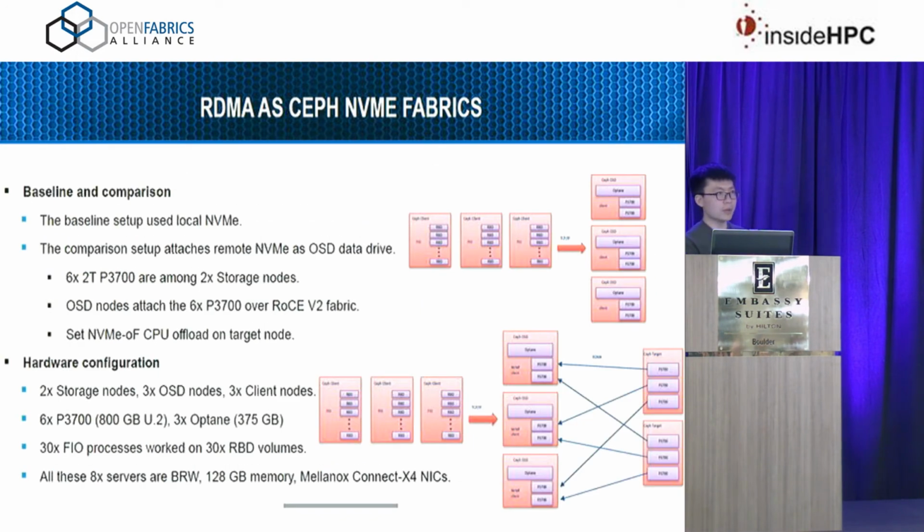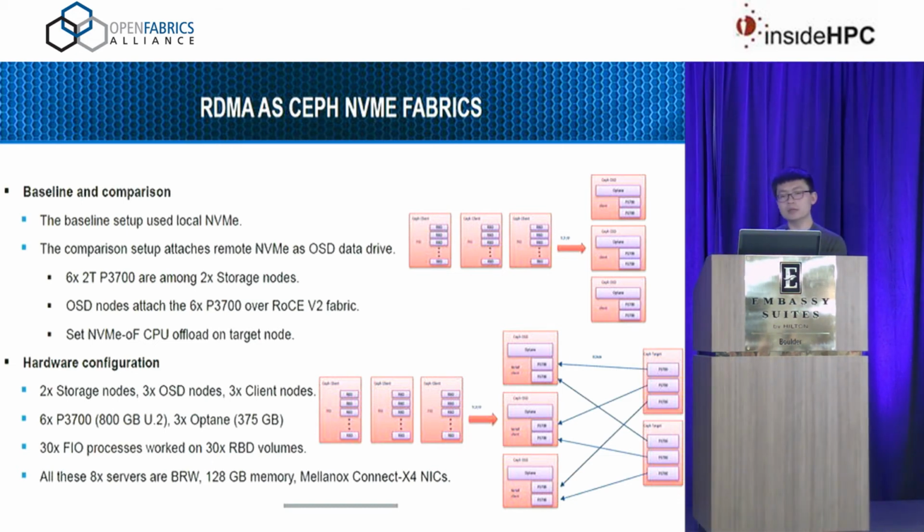So here is the benchmark methodology. We have two setups. The baseline setup uses local NVMe, and the comparison setup attaches remote NVMe as an OSD node drive. Without NVMe-oF, there are two kinds of nodes in the benchmark: the client node and the OSD node.